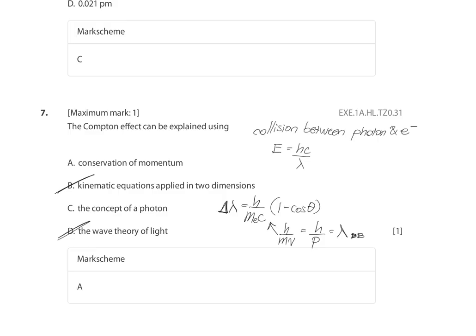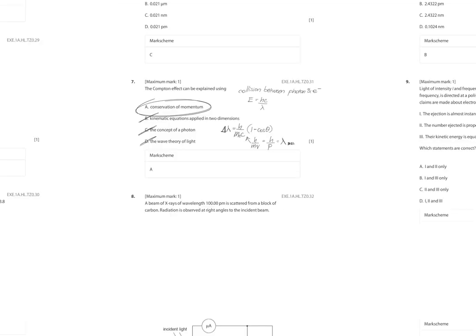So it's a little bit of both. In the end, the change in the wavelength is really just a question of conservation of momentum in the collision. So that is choice A.